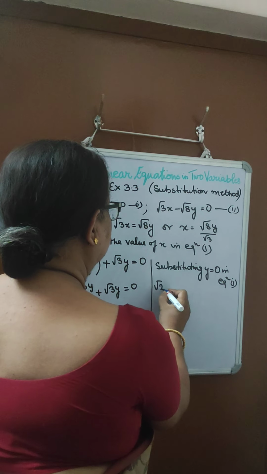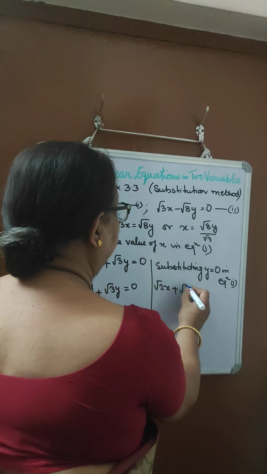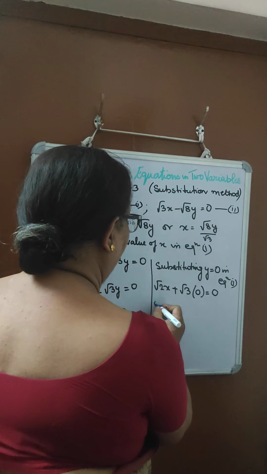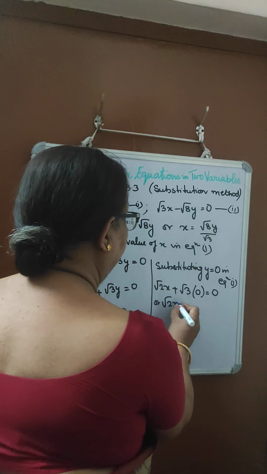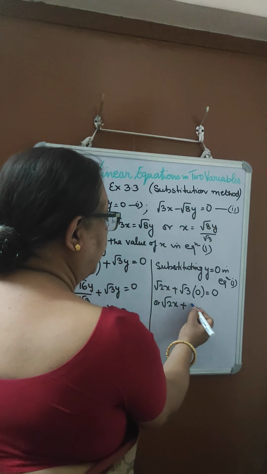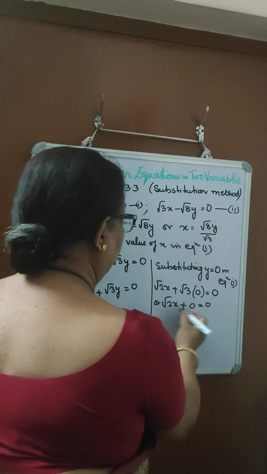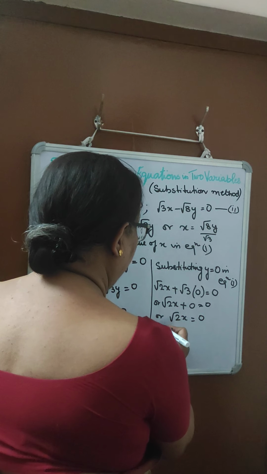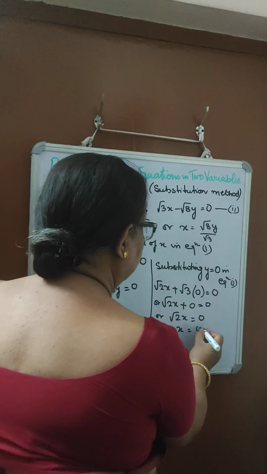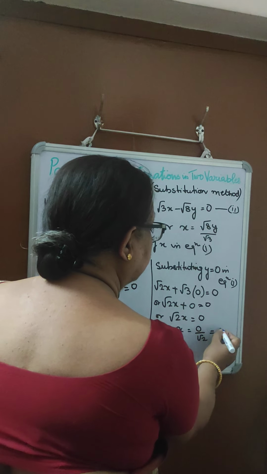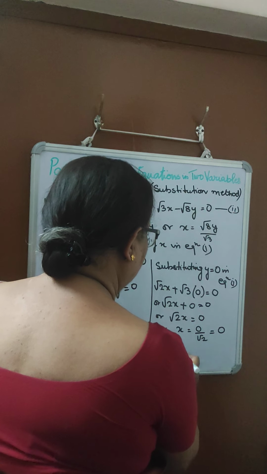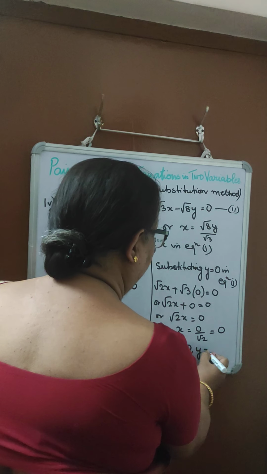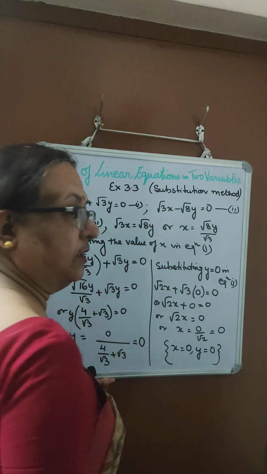Root 2x plus root 3y, y is 0, equal to 0, or root 2x plus root 3 into 0 is 0, equal to 0, or root 2x is equal to 0, so x will be 0 by root 2, that is again 0. So what is your answer? X is equal to 0, y equal to 0.